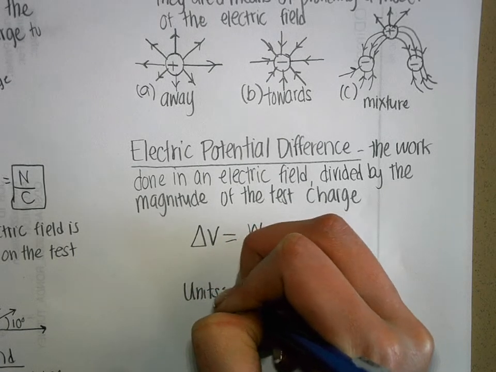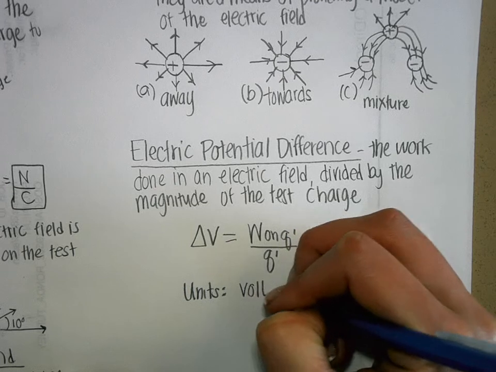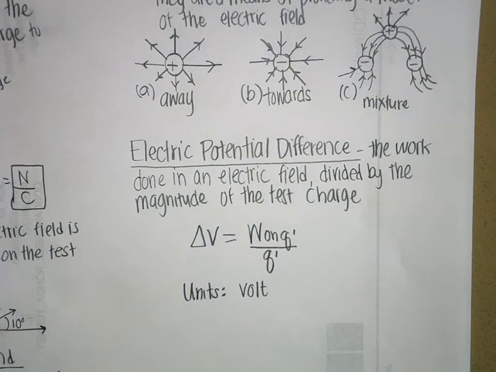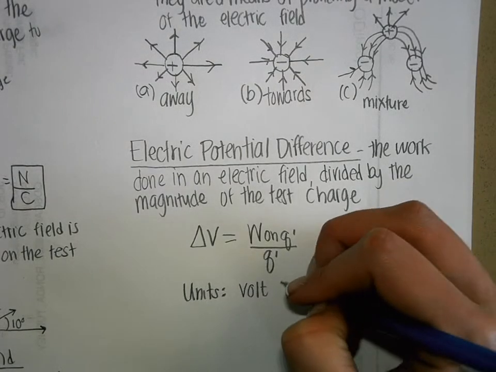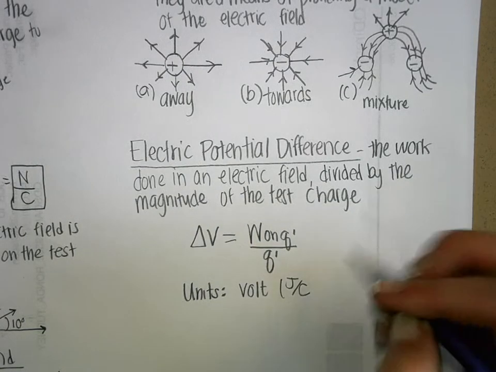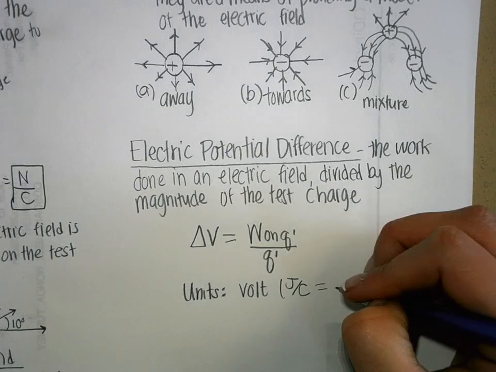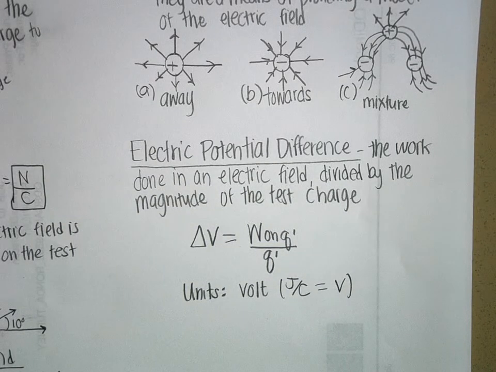I'm sure you've all heard of it before. It's volt. This is going to play a role when we learn about circuits and resistance on Friday and Ohm's law next week. So a volt is just joules for work over coulombs, which is the unit for charge. So you can either write joules over coulombs, or you can write V, which just stands for volt.